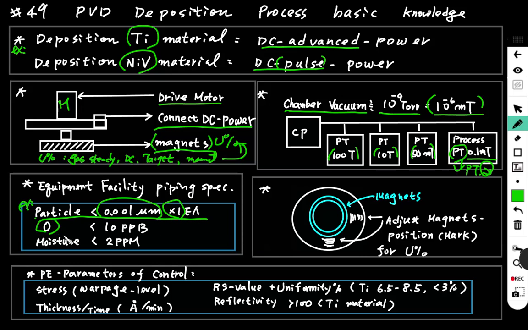And the extreme elementary below 10 ppb, and the moisture below 2 ppm. This is just an example for inferior equipment. The superior equipment has a higher spec than this to execute more superior process.